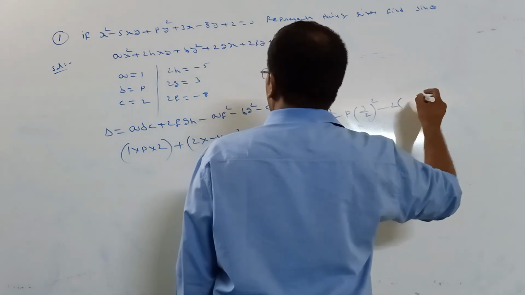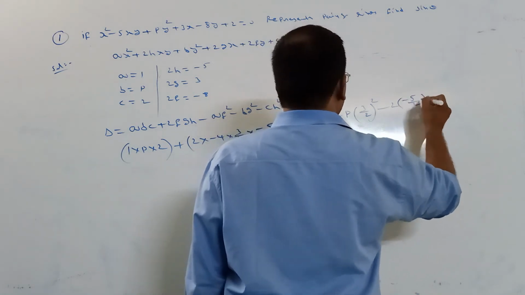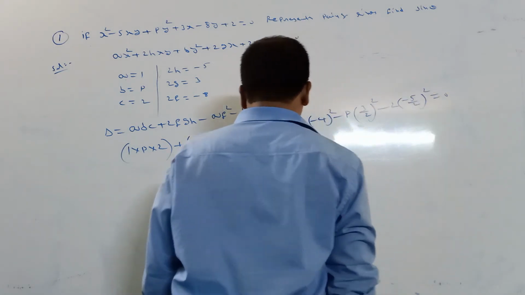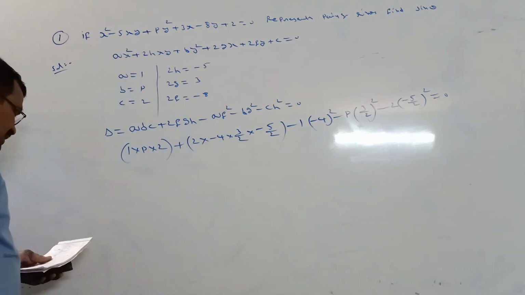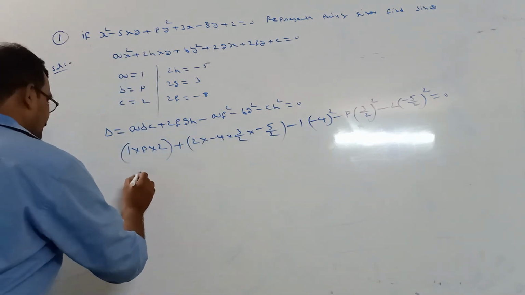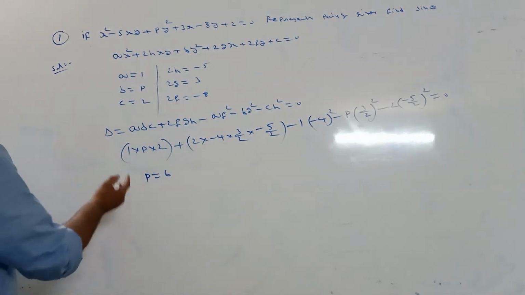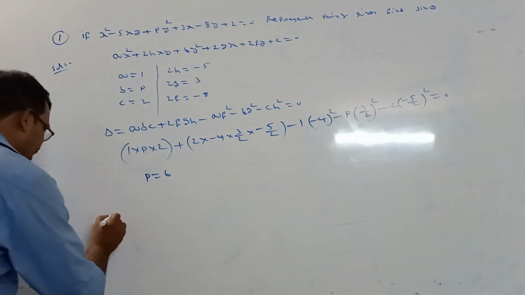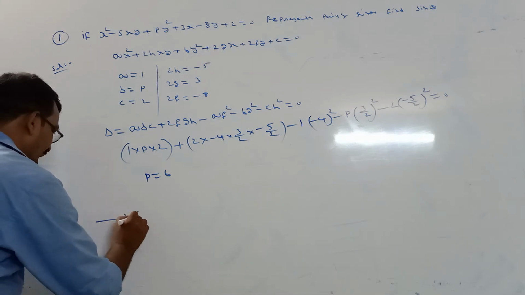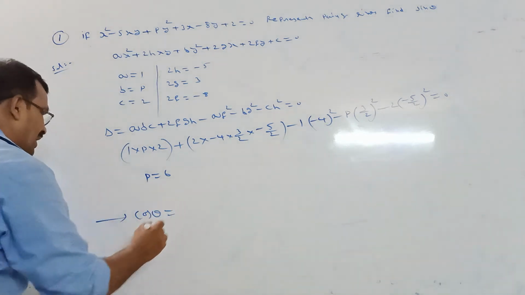To simplify this, we got p equal to 6 after the calculation.